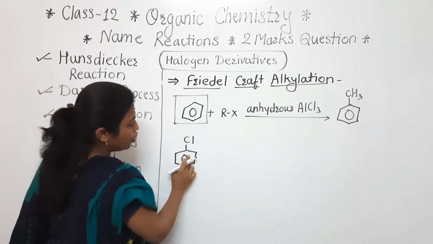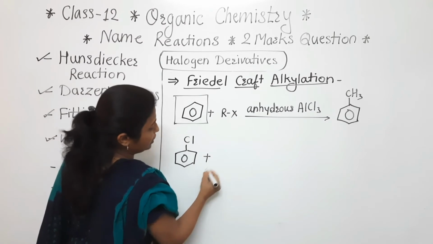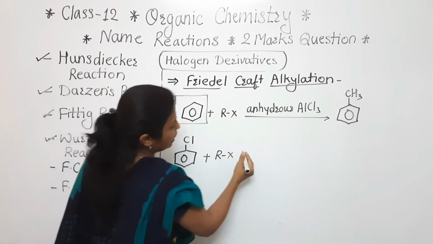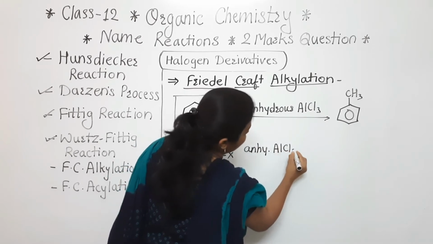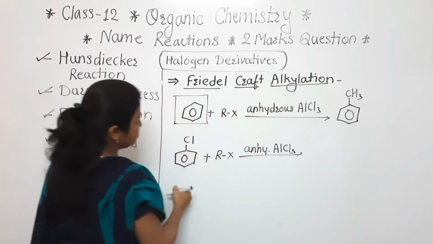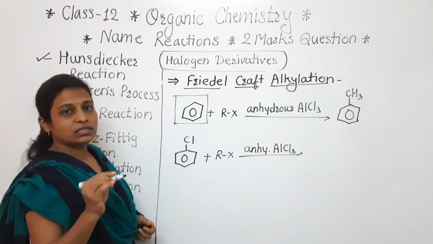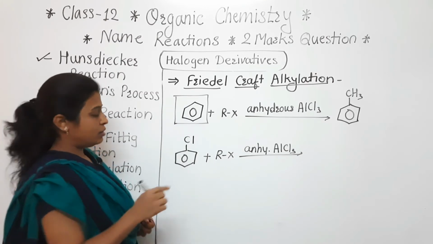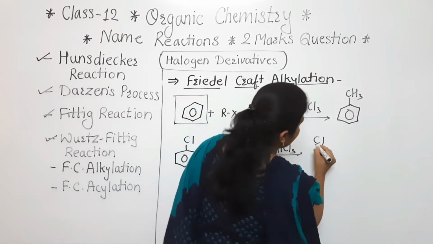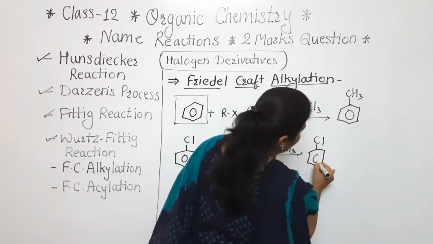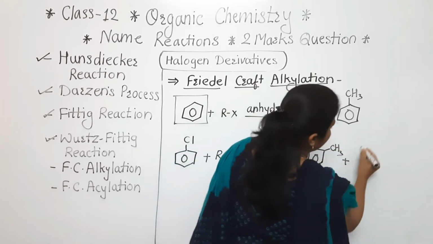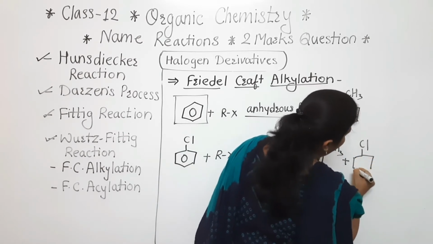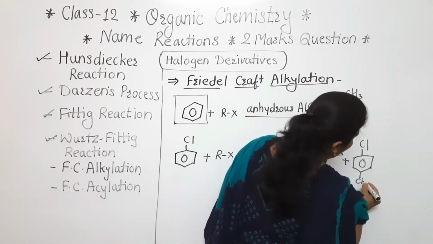See, when chlorobenzene is treated with alkyl halide in presence of anhydrous AlCl3, it gives ortho and para substituted chlorobenzene. What is that? Chlorine will be there, and to that benzene at the ortho position CH3, and the second product will be the para substituted chlorobenzene.